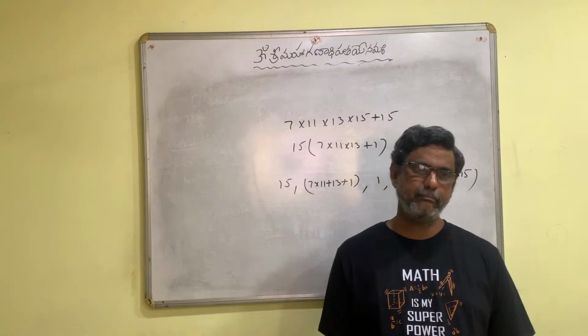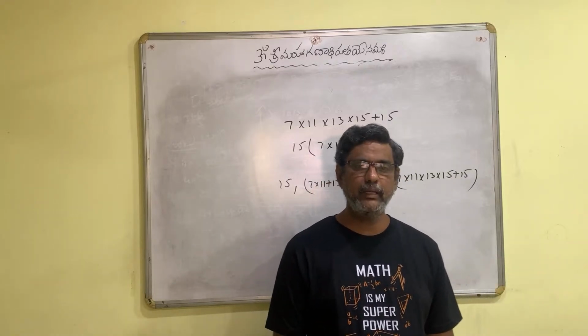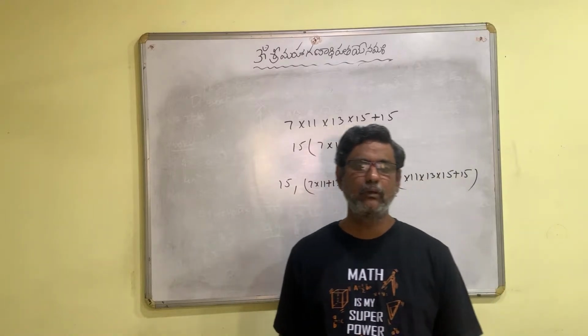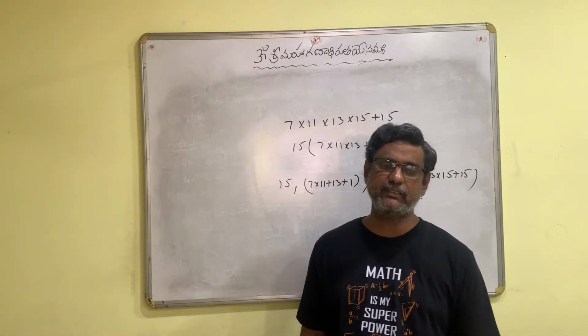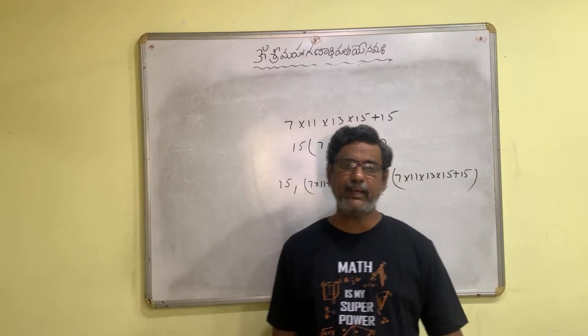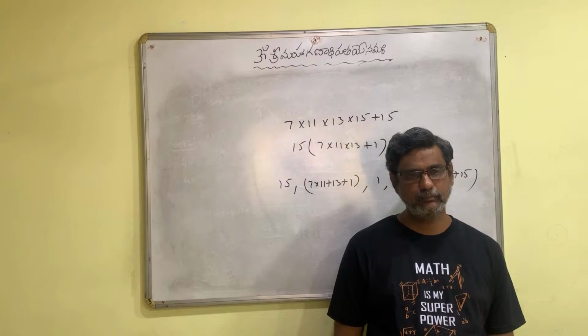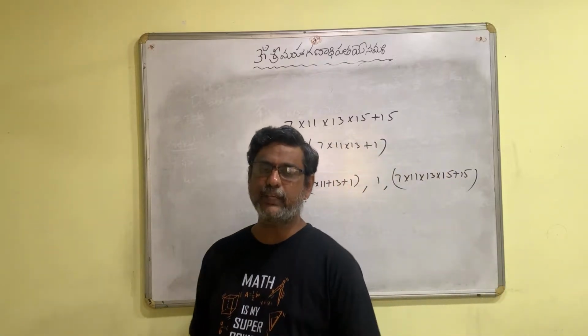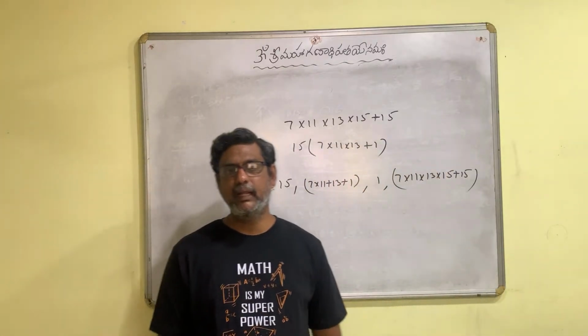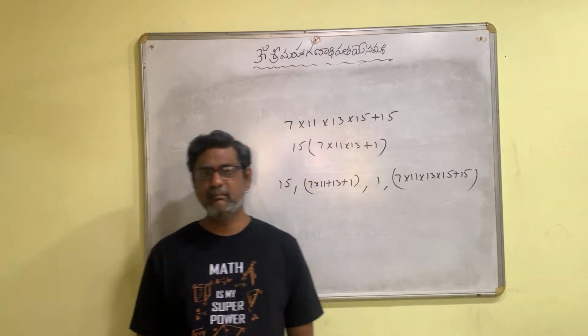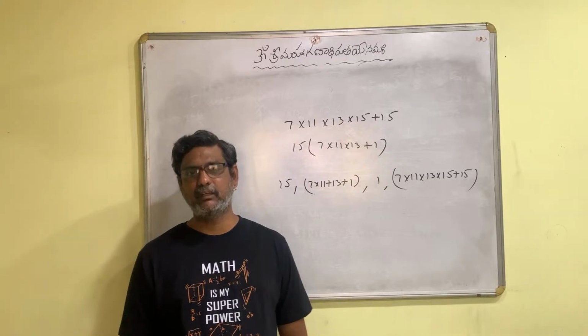Is that right? 1 is a factor of 2, 1 is a factor of 3, 1 is a factor of 6, 1 is a factor of 100, 1 is a factor of 2000. 1 is a factor of every number. That is first. Second one, the number itself is a factor. For every number, itself is a factor to it.